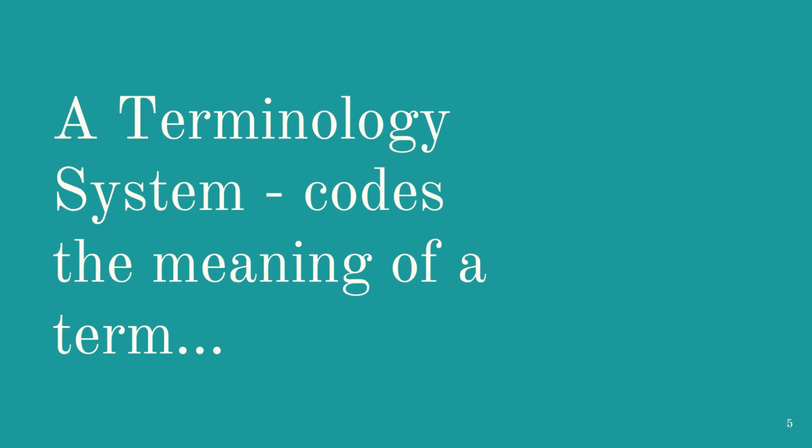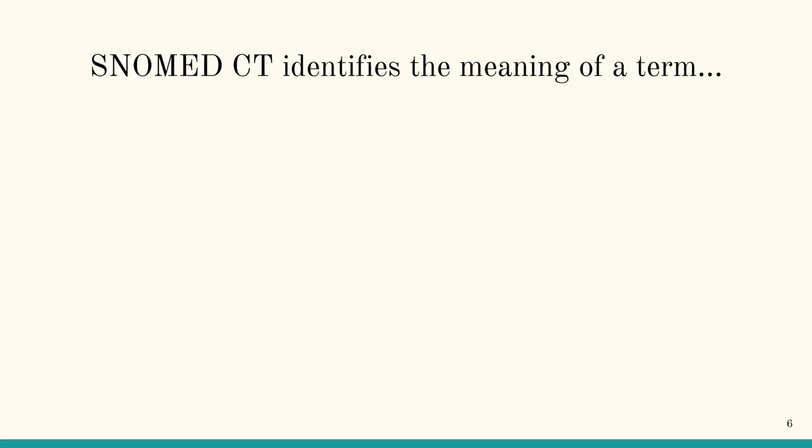So SNOMED is a terminology system. What does it mean? It codes the meaning of a term instead of the term itself. So what do we mean when it says identifies the meaning of a term? Now, before we proceed further, we must understand what exactly is a code.